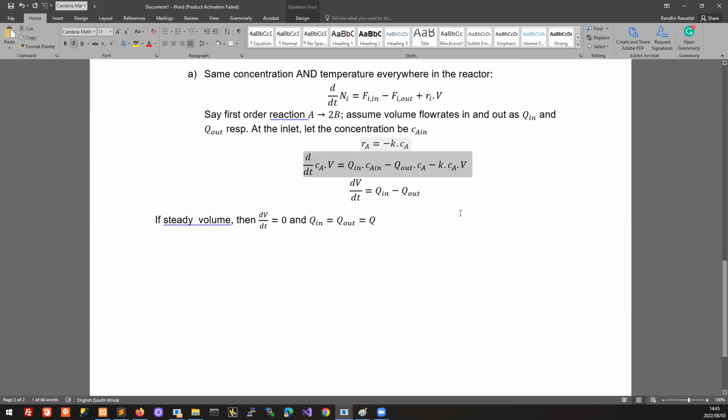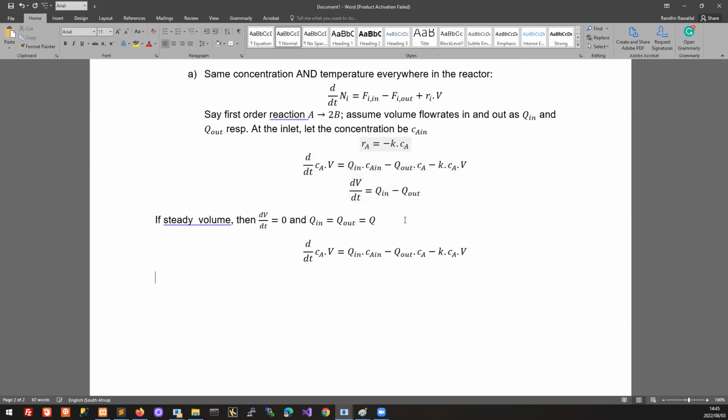Then we don't need this extra balance. If dV/dt is 0, then V is a constant, so we can pull this constant out here. We don't need to differentiate it in time anymore. This is now simply a Q, so this is also Q. And that's the equation we have now. Any questions there?